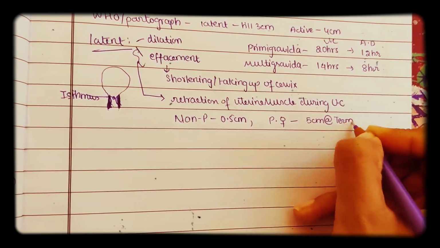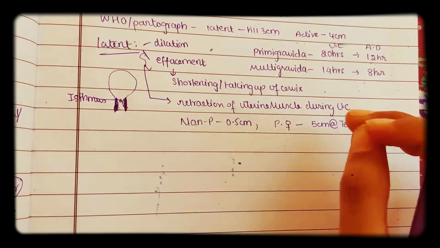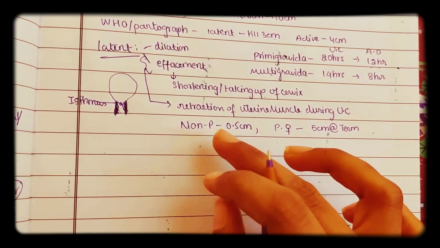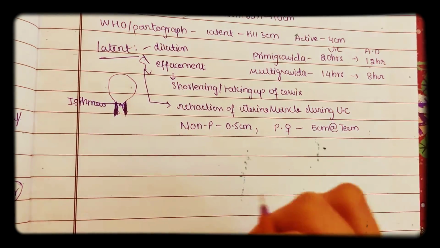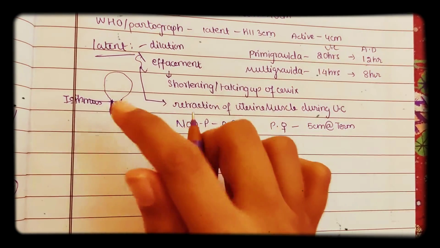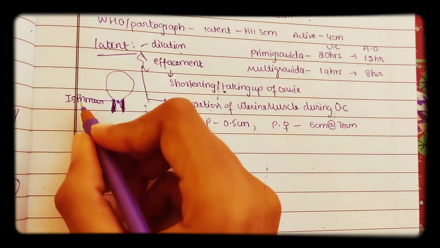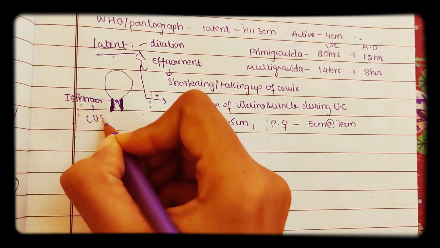So at term you see a very huge difference in isthmus size, 0.5 to 5 centimeters. Even the isthmus got dilated and forms the lower uterine segment. So isthmus is nothing but forming the lower uterine segment.